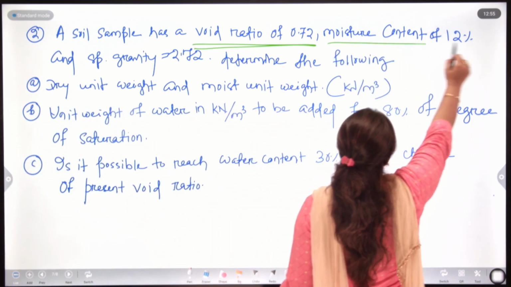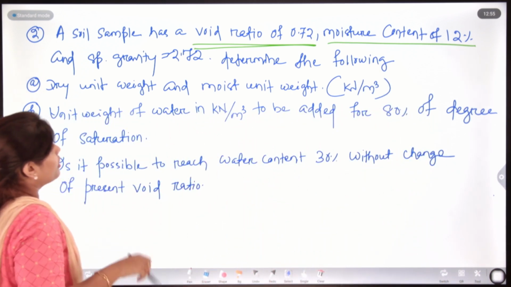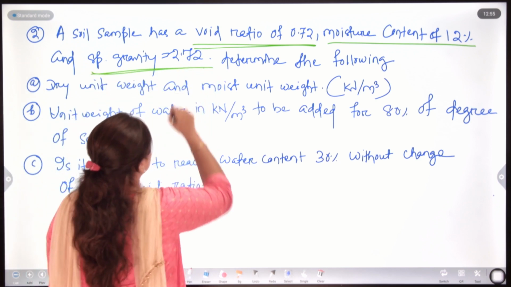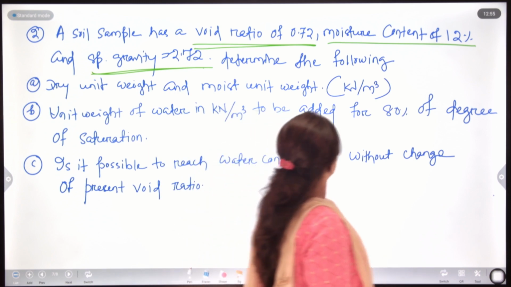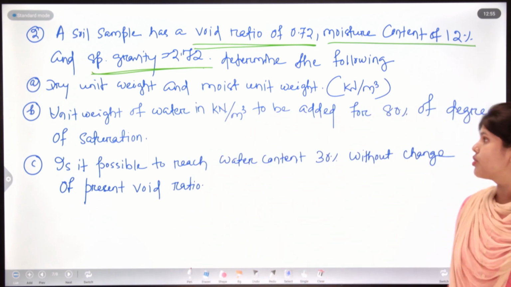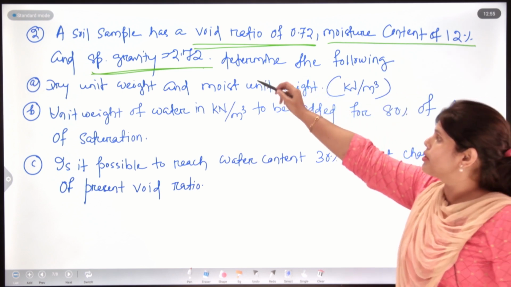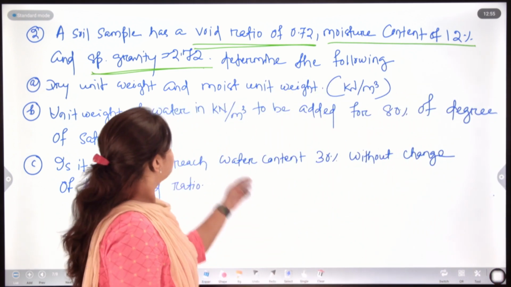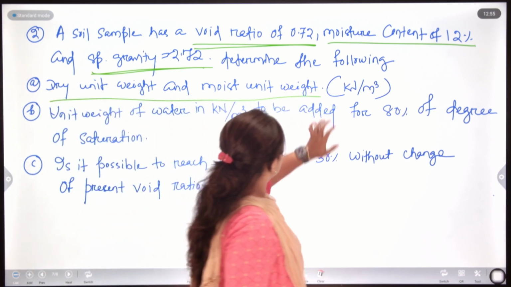Moisture content is 12%, so w is given, and specific gravity is given as 2.72. So here we can calculate the degree of saturation. Next, determine the following: dry unit weight and moist unit weight.